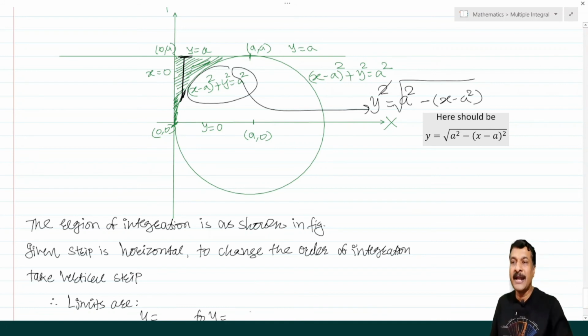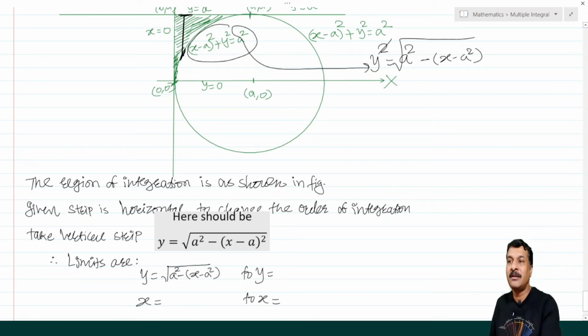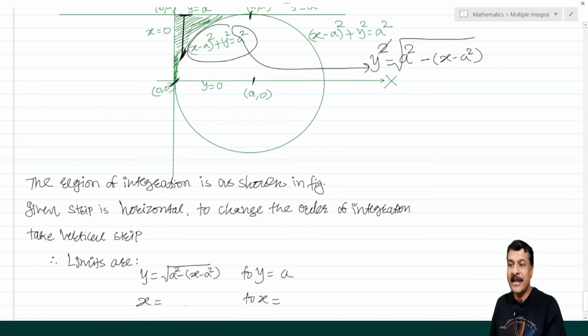So here you write y equal to under root of a square minus (x minus a) square, which is the lower limit, and the upper limit is y equal to a. And what about x on the boundary points on the x-axis? X equal to 0 to x equal to a. So these are the limits of y and x.